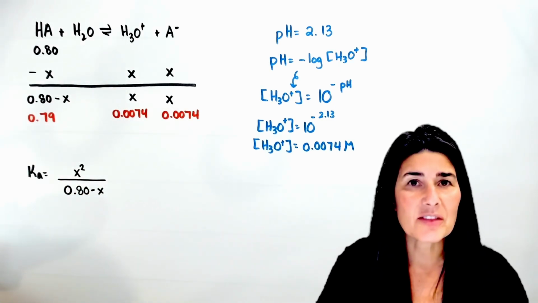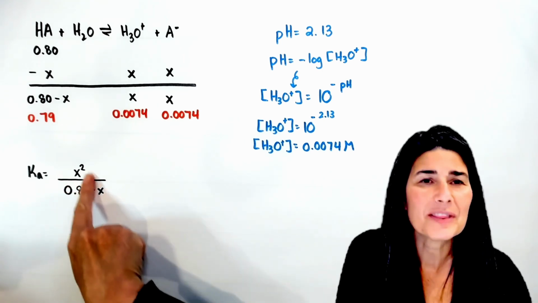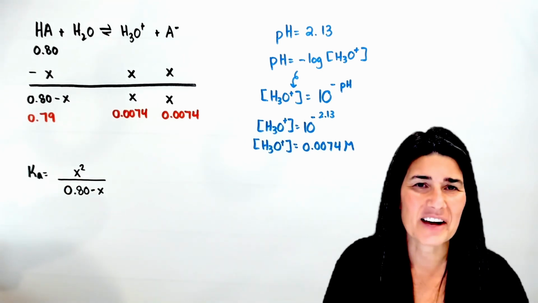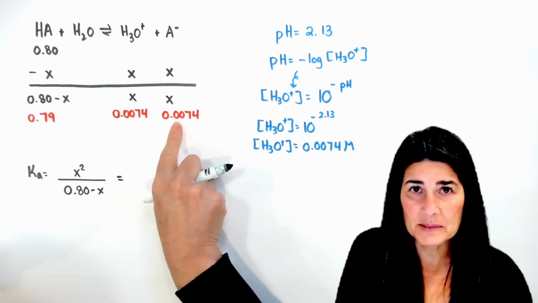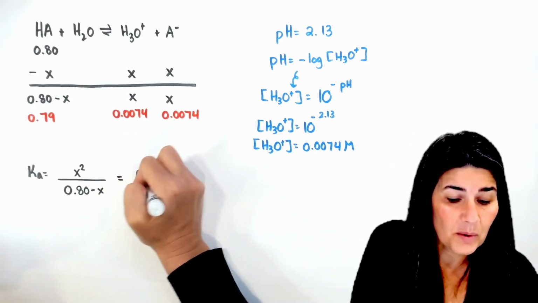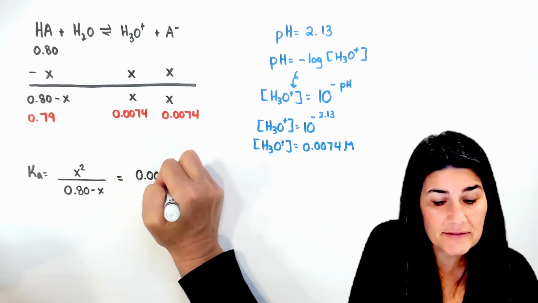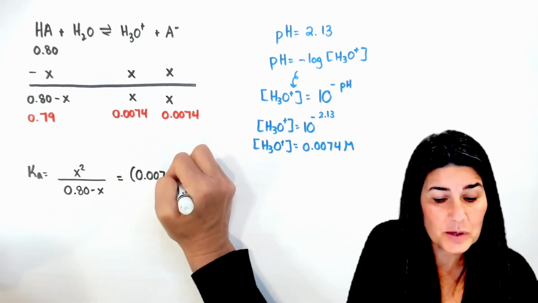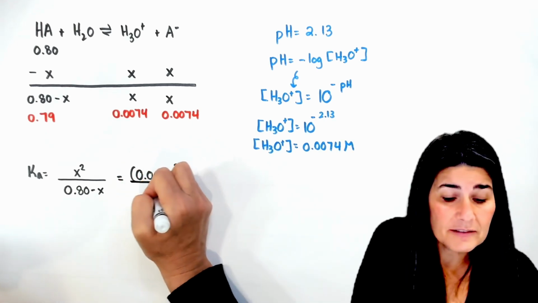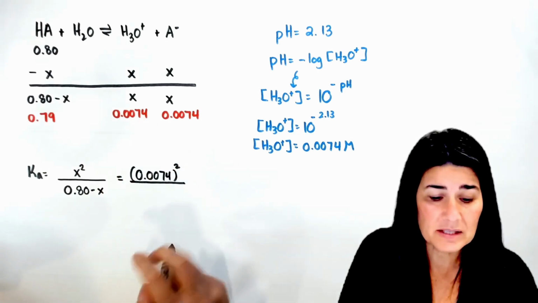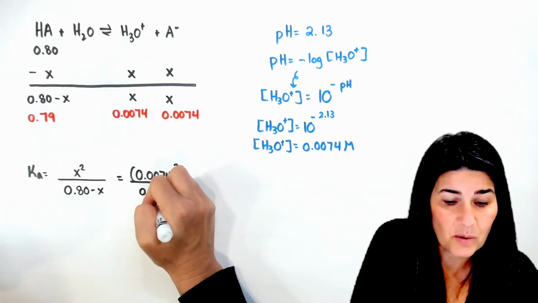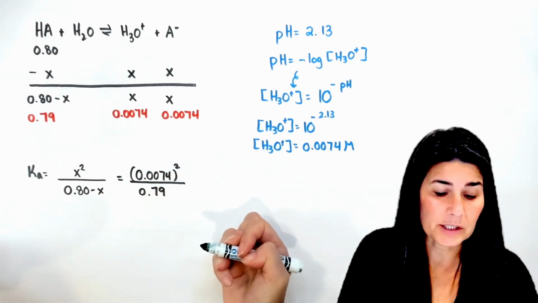All right, we're going to take those equilibrium values and put them in for my Ka now. Ka will equal X times X, 0.0074, squared, all divided by 0.80 minus 0.0074, which is our 0.79 molar.